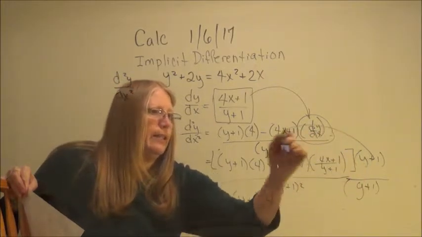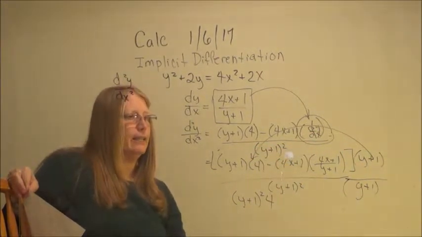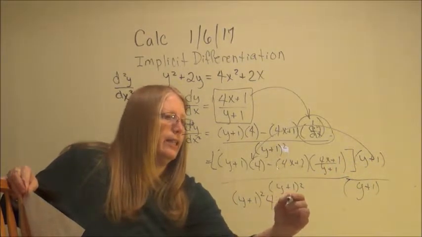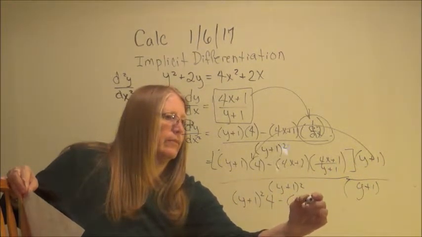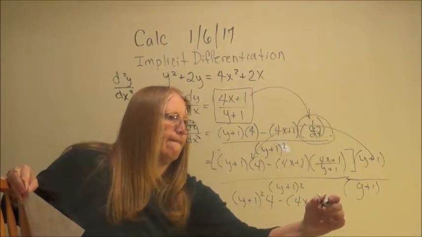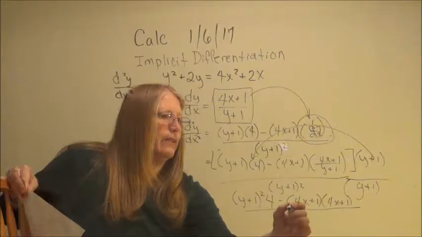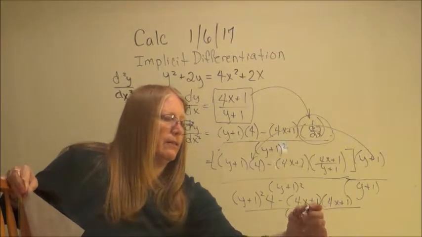So I multiplied this times that, and then this will cancel that, leaving only the top, all over the bottom now cubed.